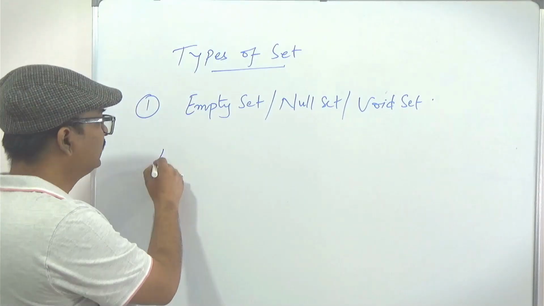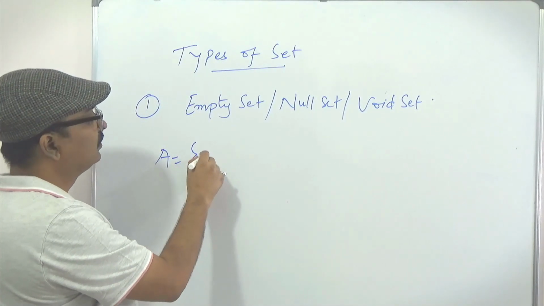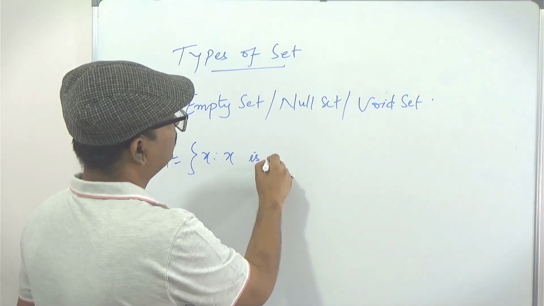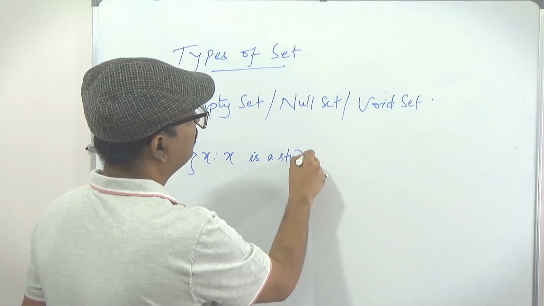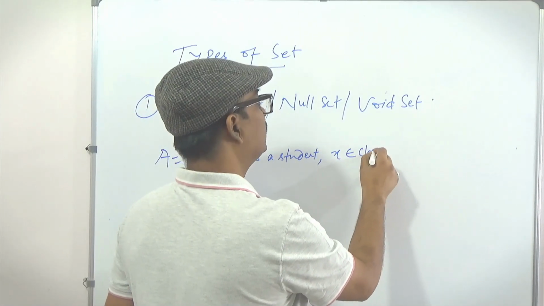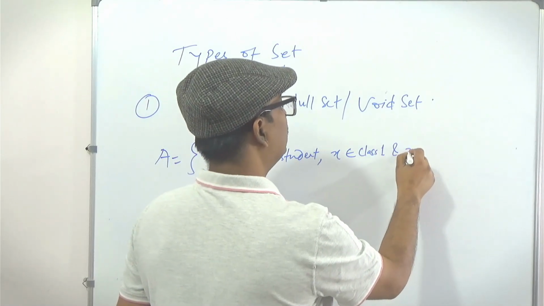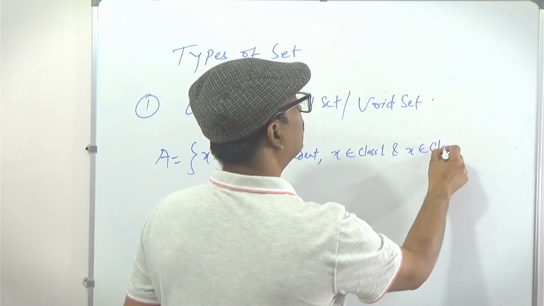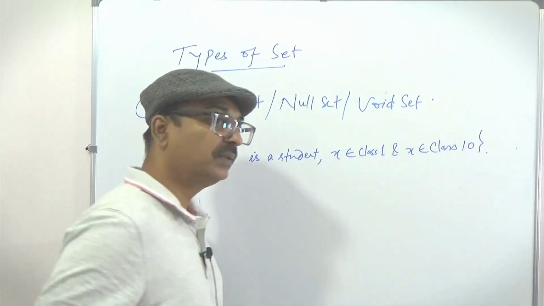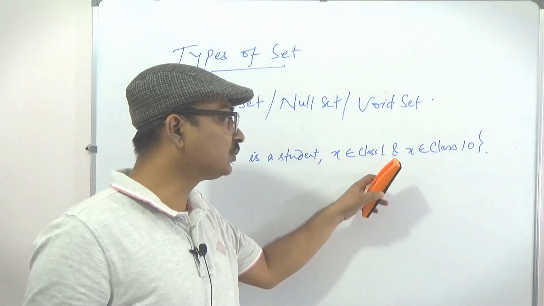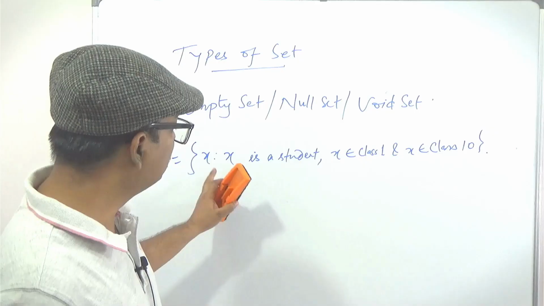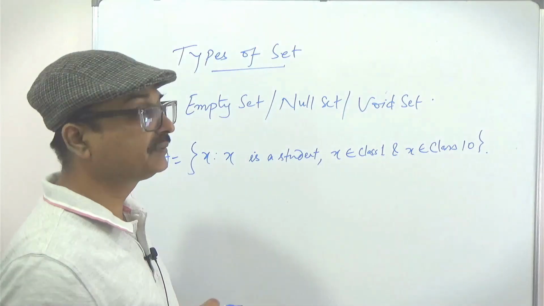We have a set of X, X is a student, X belongs to class 1 and X belongs to class 10th. Is it possible that a student is studying in class 1 and class 10 at the same time? Not possible. Therefore, this set has to be an empty set.